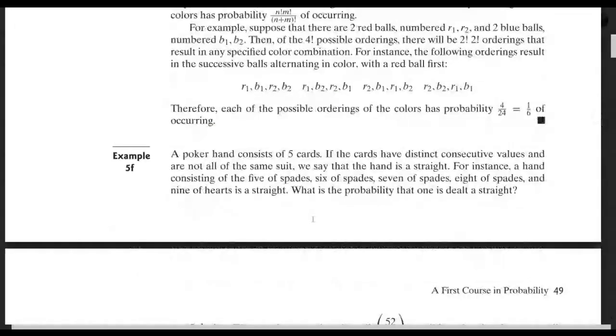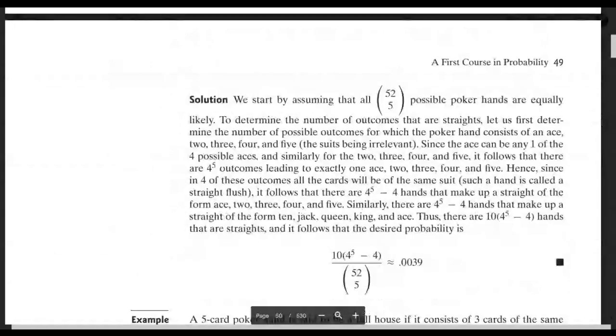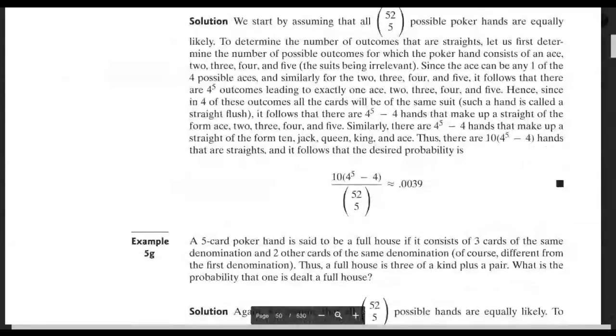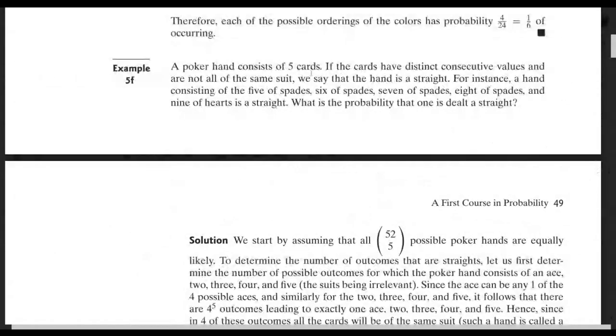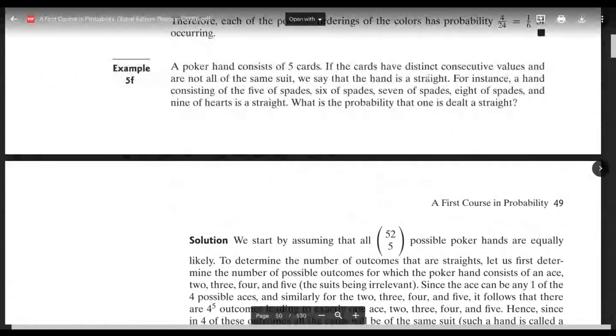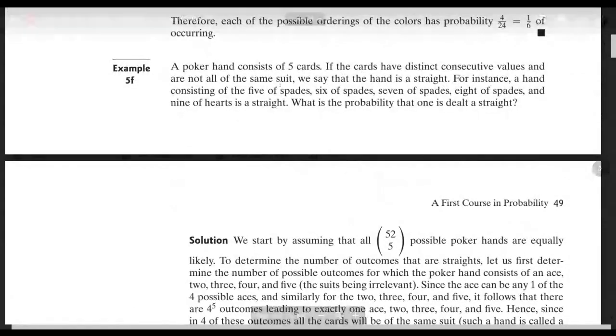Let's see this example. A poker hand consists of 5 cards. If the cards have distinct consecutive values and are not all of the same suit, we say the hand is a straight. By the way, the cards have 4 suits, and each suit has 13 numbers.